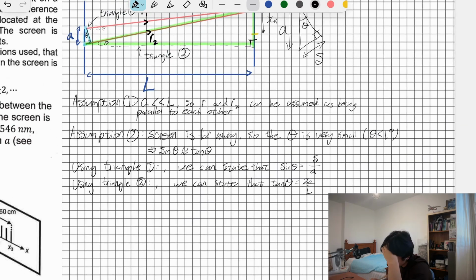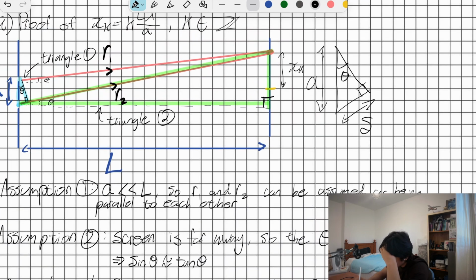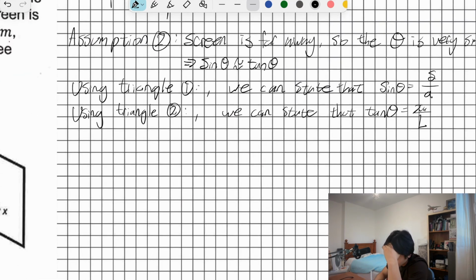And we initially assumed that this zone here, the pink zone, is a zone of constructive interference, right? So we must write that down.